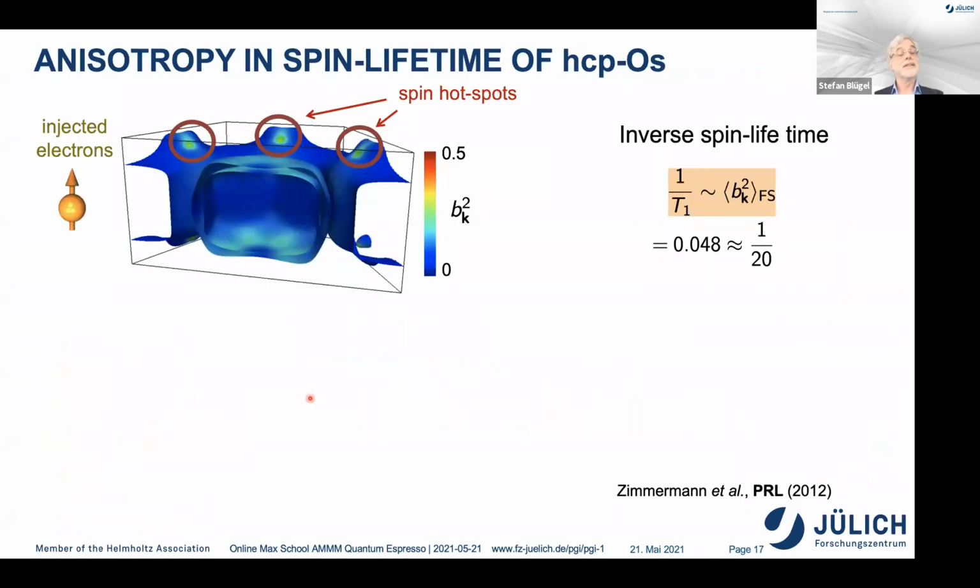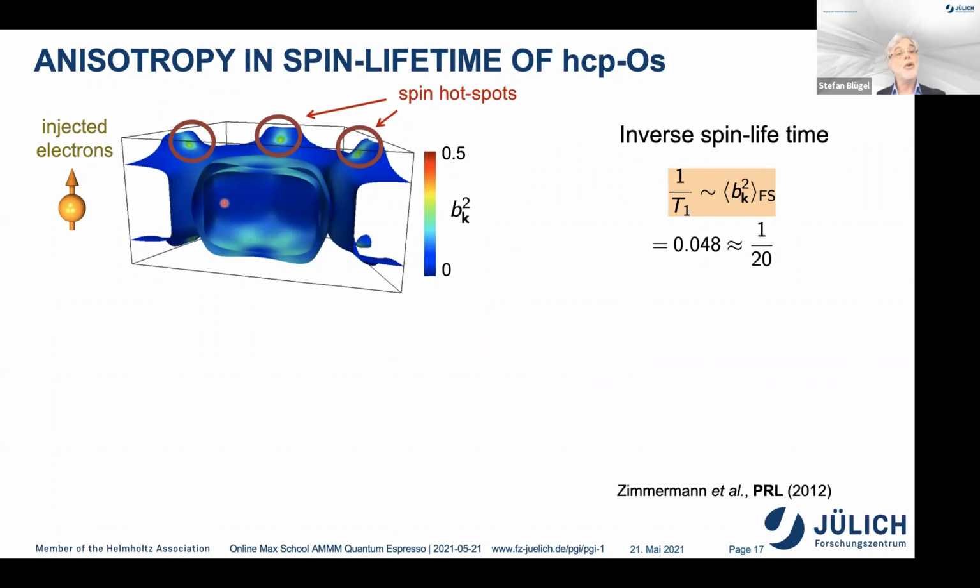And this determines the lifetime of the spins. If you imagine you have a solid, here for example osmium, and then you have a spin current. Somebody externally produces a spin current for you. For example, you run a current through magnetic materials, then you have a spin current, and you put the spin current into the solid.